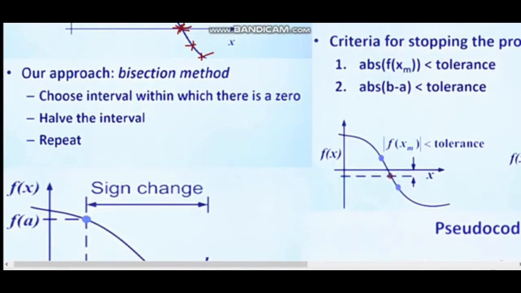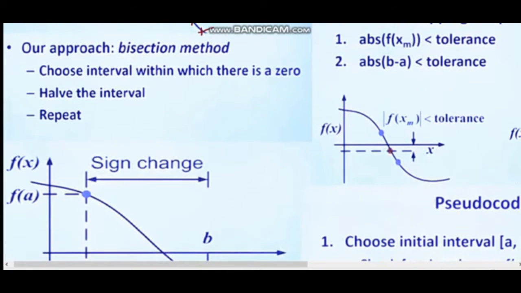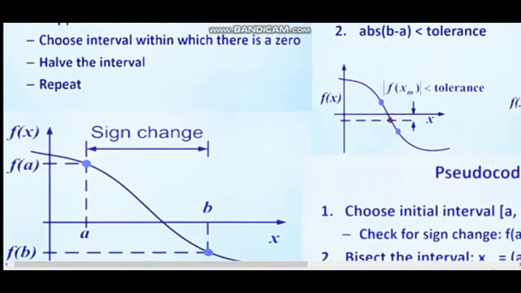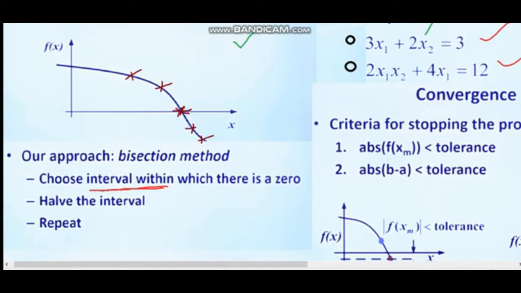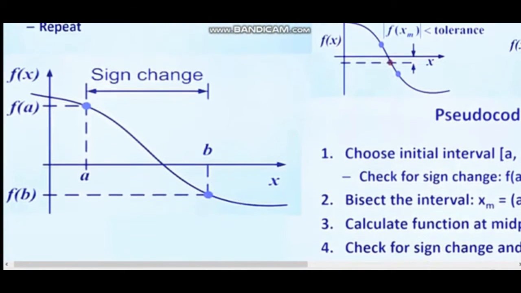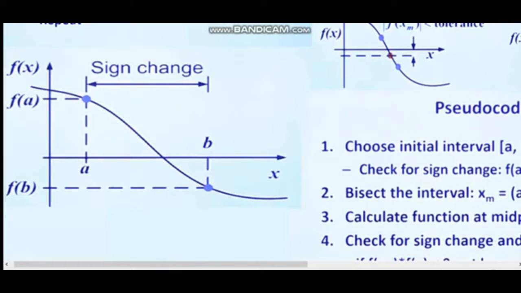Now in this bisection approach, we have to choose one interval within which there is a 0. For example, in this case we have to consider an interval from this point which contains this 0. So we can explain it here. If you consider this graph, this is the same graph, but let's consider this point, that is the positive value of f of x, and another point here where we will be having a negative value of f of x.